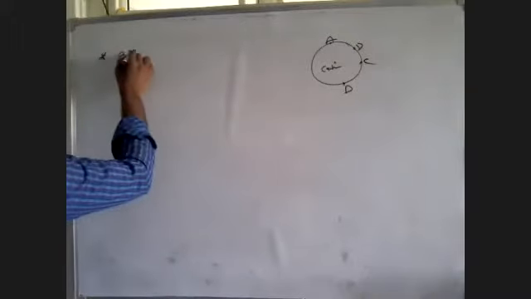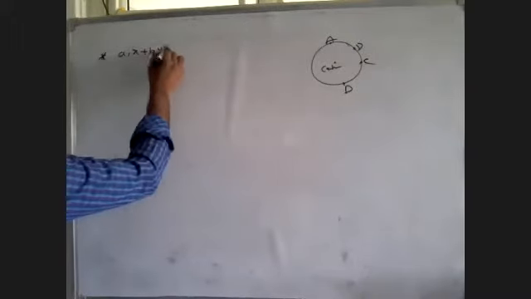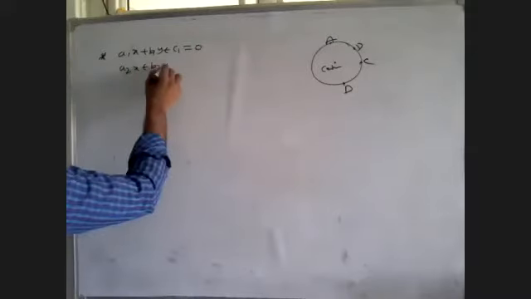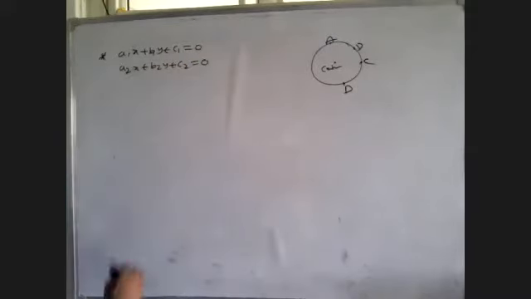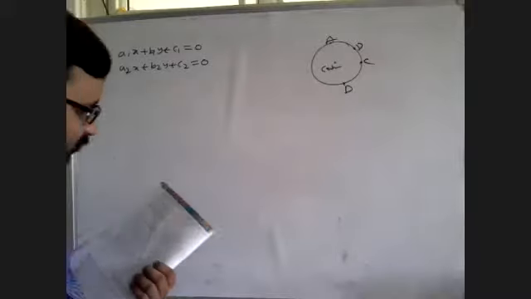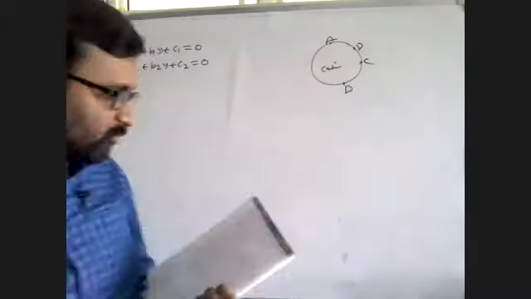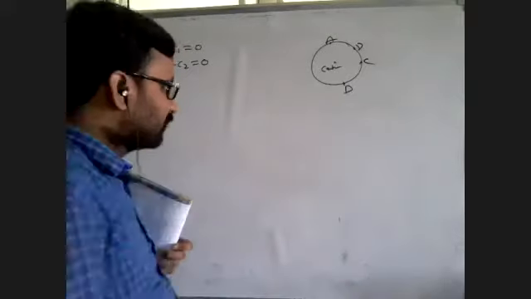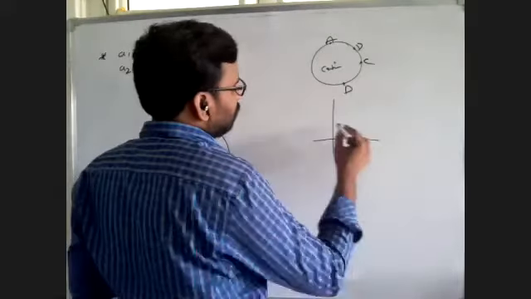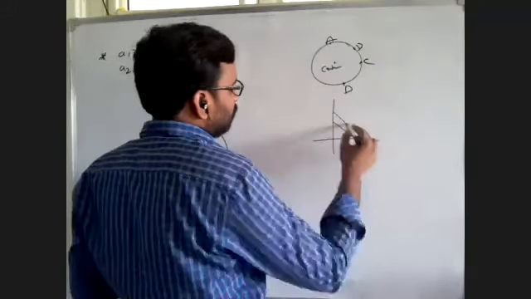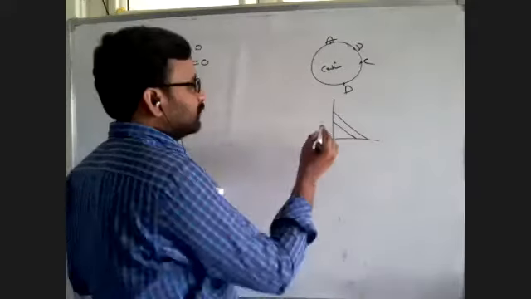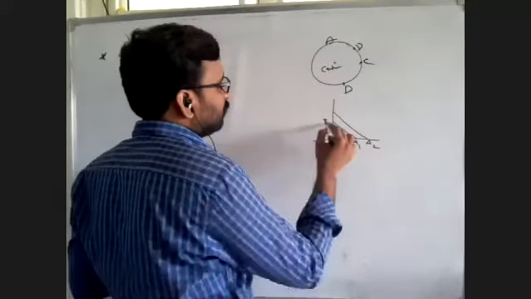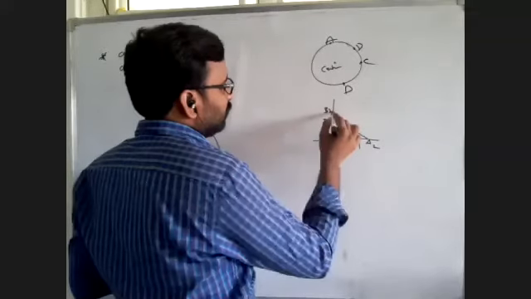Next, if the lines, this is very important, very useful for us. If the lines A1x plus B1y plus C1 is equal to 0 and A2x plus B2y plus C2 is equal to 0, if the two lines meet the coordinate axis in 4 distinct points, and those points are concyclic, these are the two lines. A1, A2, B1, B2.